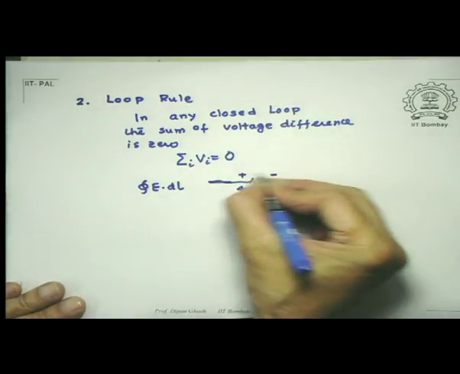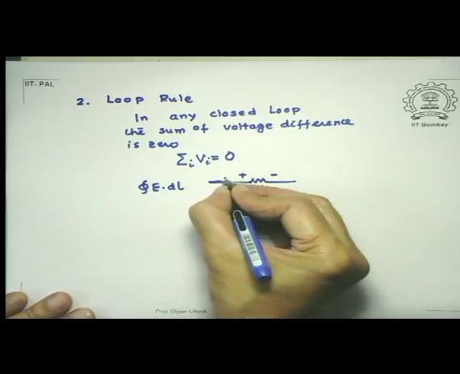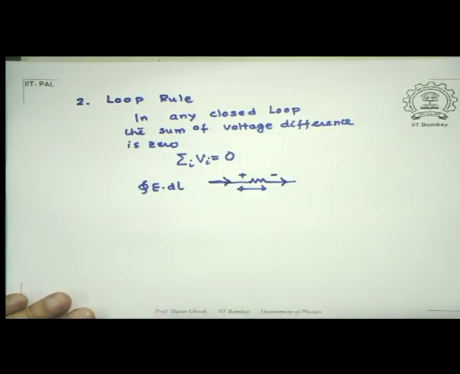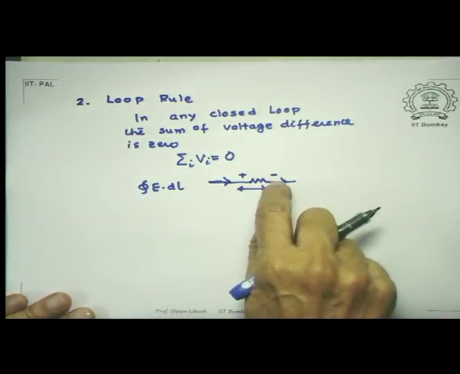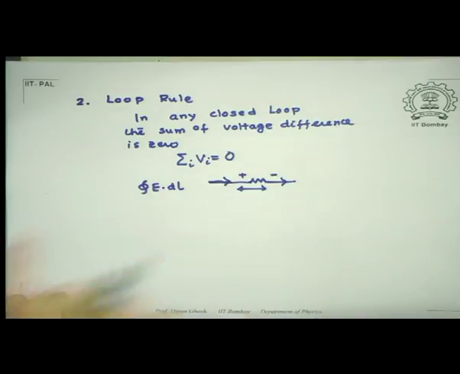So this is the way the current is going. So the higher potential of the resistance is the point where the current enters.